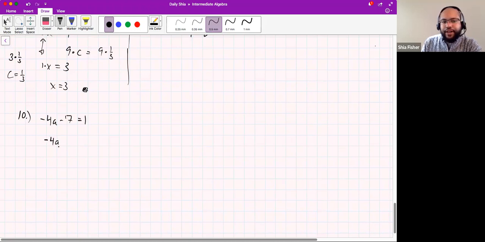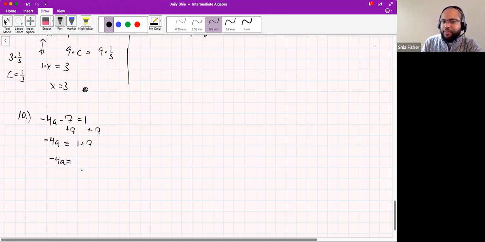Minus 4a. I need to add a 7 on this side to get rid of the 7. And I need to add a 7 on this side to make the statements equivalent. 1 plus 7. So this is my shorthand version of what we've been doing. Negative 4a. It's not x anymore.